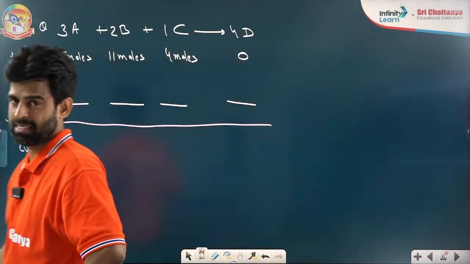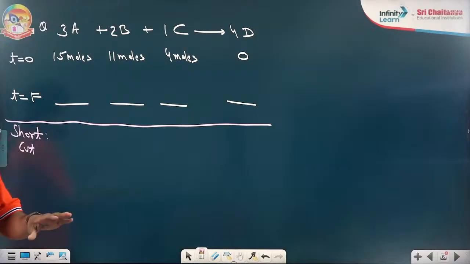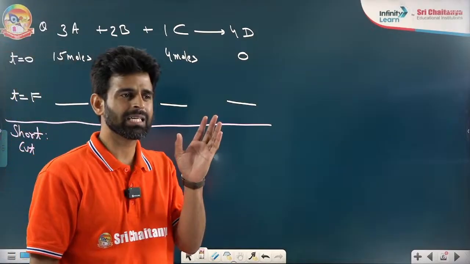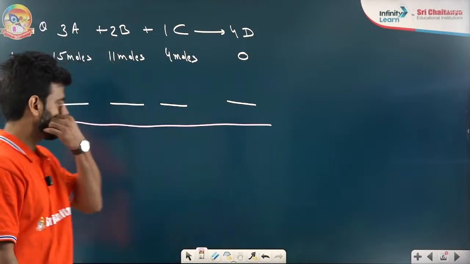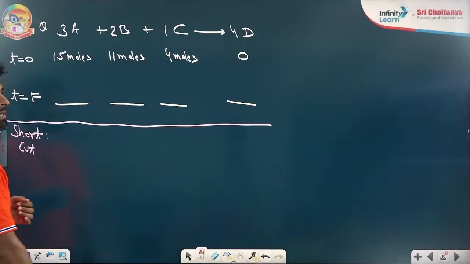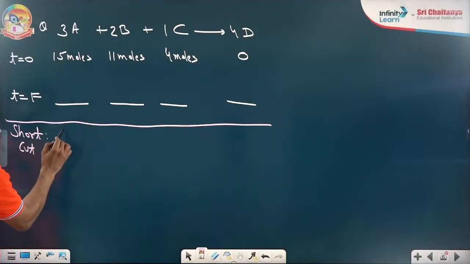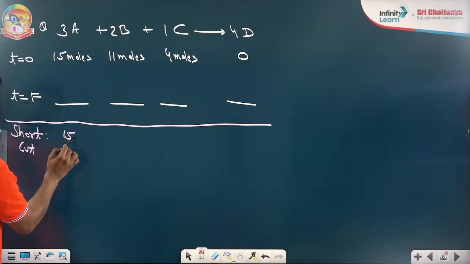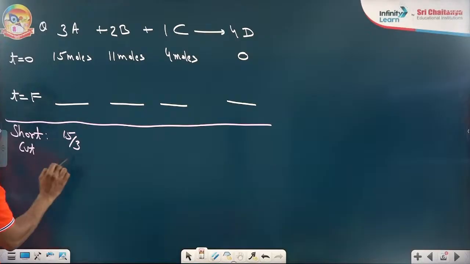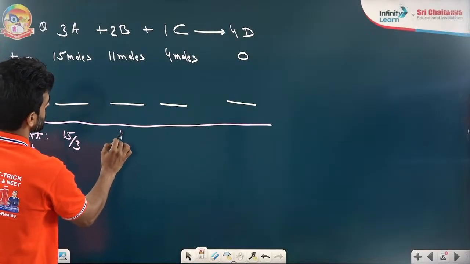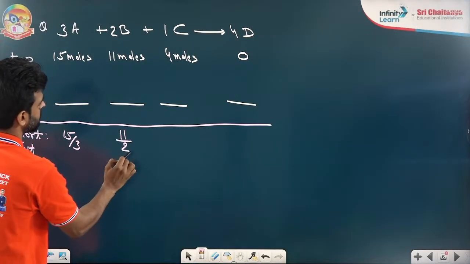Okay, fine. Let us see how to decide. Everyone is saying C is the limiting reactant. Look, given moles 15 divided by the stoichiometric coefficient 3. Given moles 11 divided by 2.